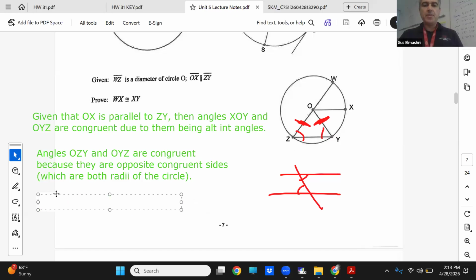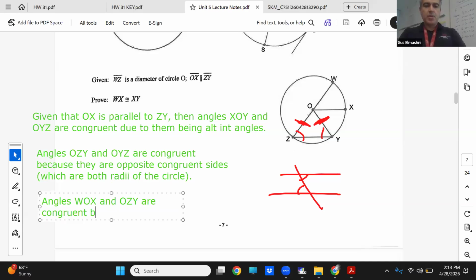Next up, angles WOX and OZY are congruent because they are corresponding angles for the parallel lines.